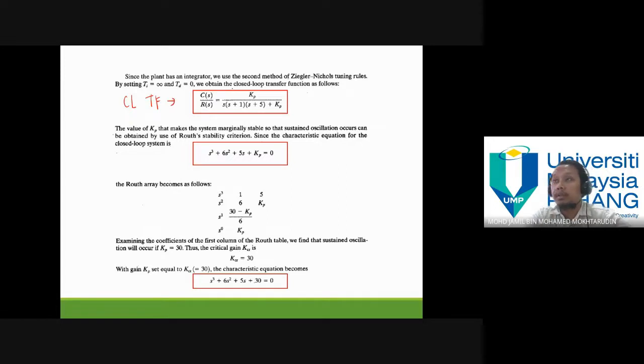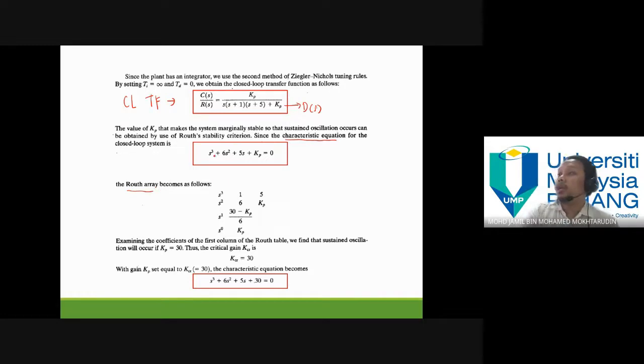And then we increase Kp, which makes the system become marginally stable with sustained oscillation. So we can use the Routh stability criteria. We take the denominator and write the characteristic equation of this denominator, and then we arrange it in a Routh table, or Routh array.